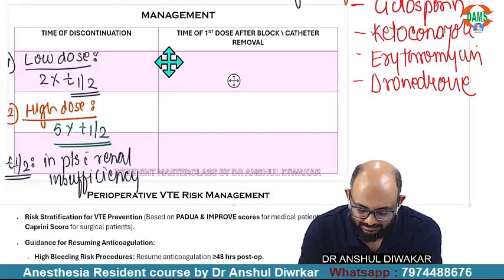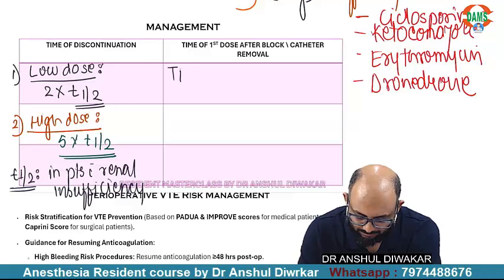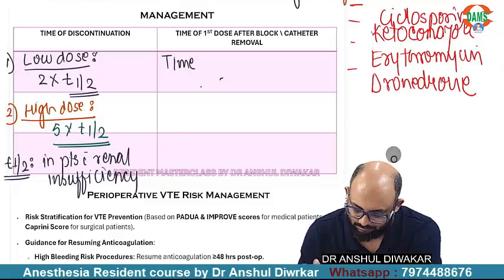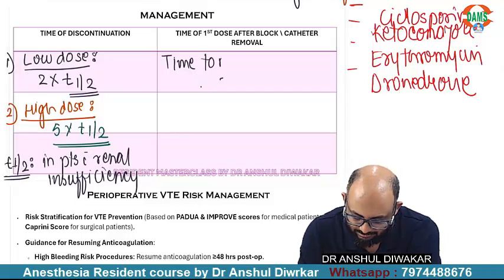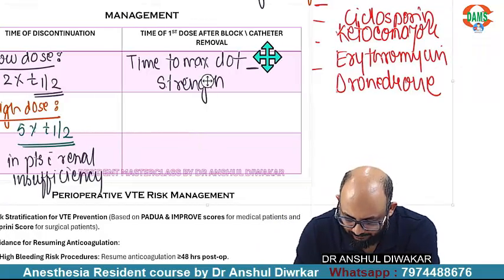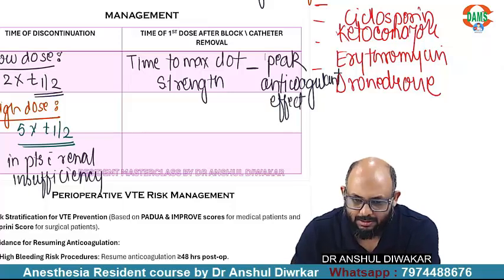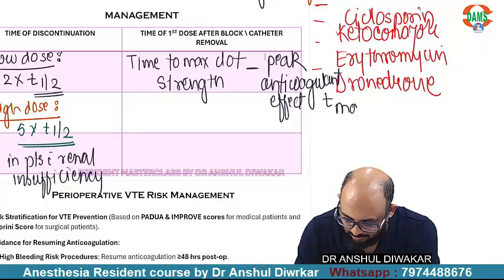So the idea is time to maximum clot strength minus peak anticoagulant effect, which is called Tmax.